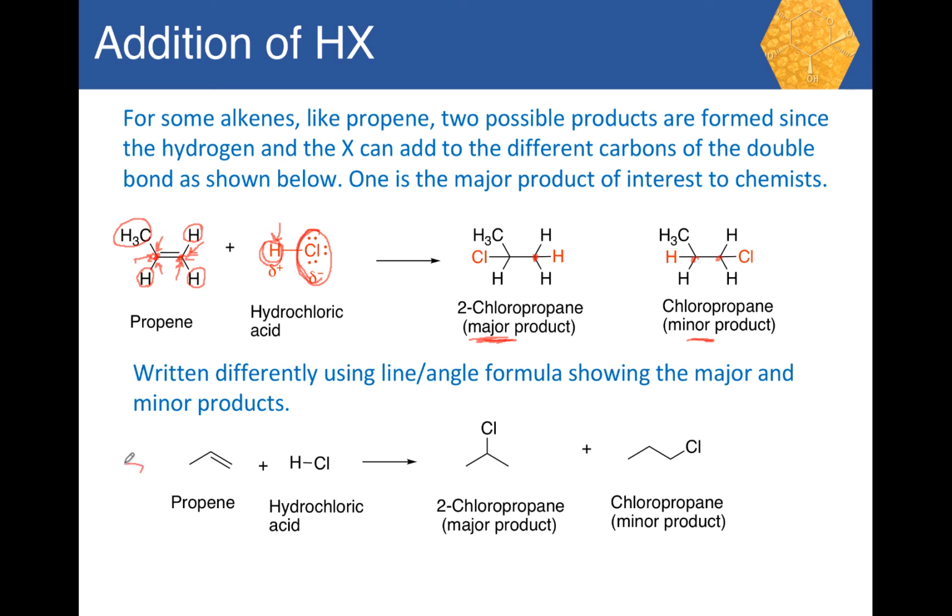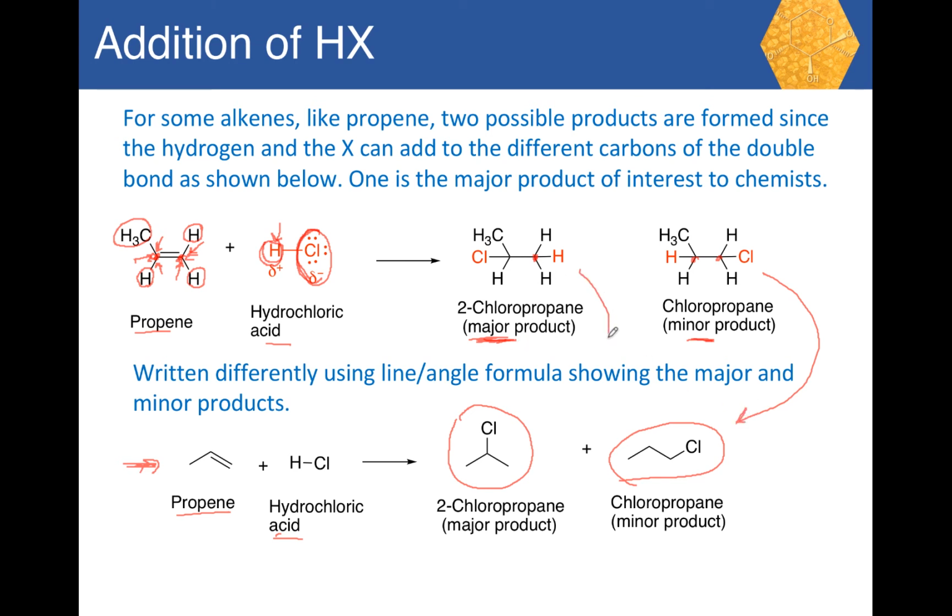But let's look at this reaction here, which is the same reaction as this, but just written using the line angle. So here's propene, same molecule here. Here's hydrochloric acid as written here. But notice we have the products written as line angle, and the other product over here written as line angle, which is basically that.